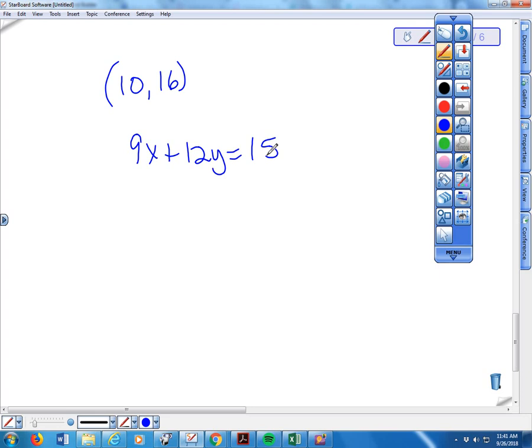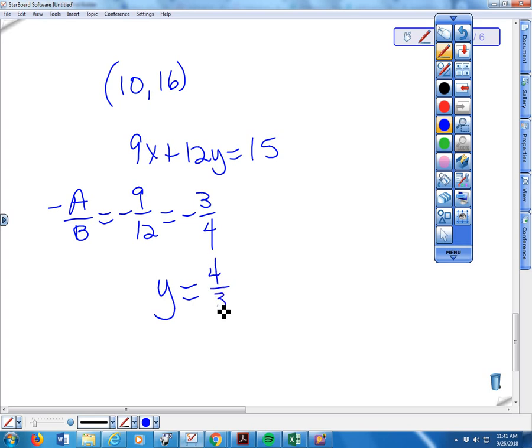Negative 3/4 is the slope here. So 4/3 is the slope perpendicular, right? Negative a over b is the slope of this one, which is negative 9 over 12, which is negative 3/4. So if I take the opposite and flip it, I'm looking for a line with the slope of 4/3.